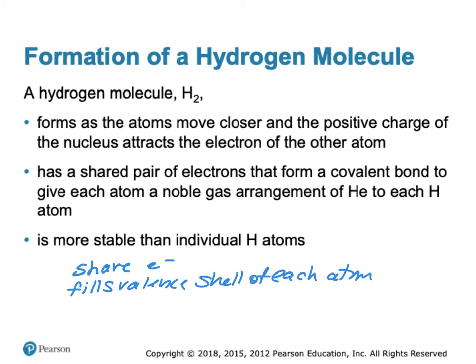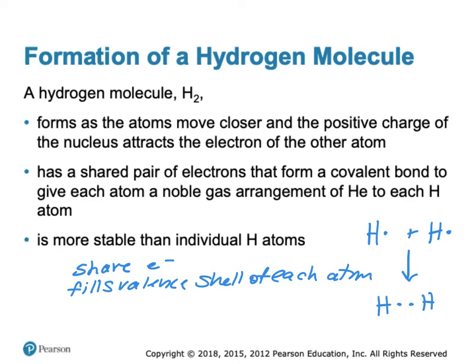So let's take the hydrogen molecule, H2. It forms as the atoms move closer and the positive charge of the nucleus attracts the electron of the other atom. It has a shared pair of electrons that form a covalent bond to give each atom a noble gas arrangement of helium. Okay, so you have hydrogen with one electron plus hydrogen with one electron. They're going to come together so that those two electrons can be shared between them.